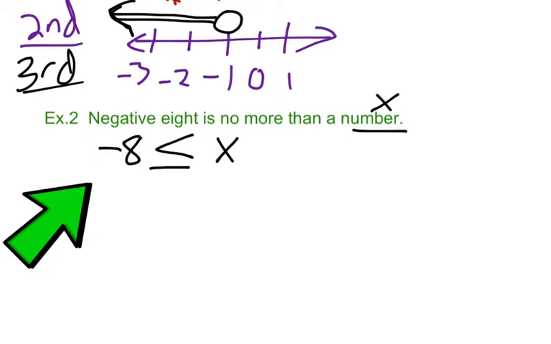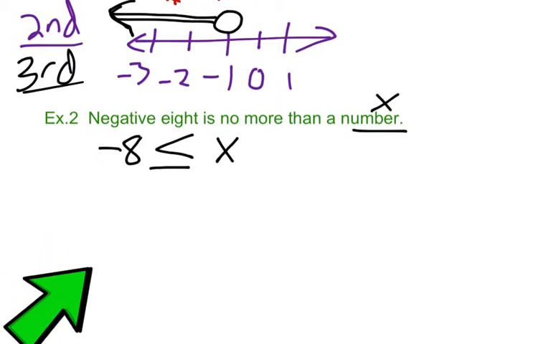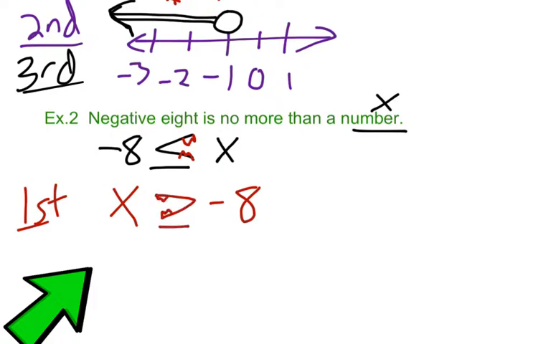So our first step again is to make sure that x is written on the left-hand side. So I'm going to write x here and -8 over here. And this alligator was eating up the x, so when we rewrite it, we need to make sure it's eating up the x. So it's x is greater than or equal to -8.